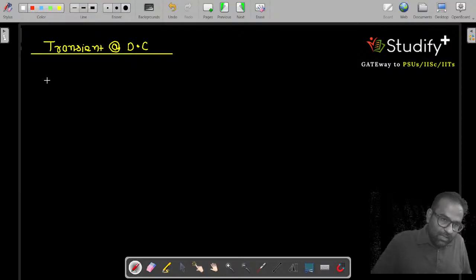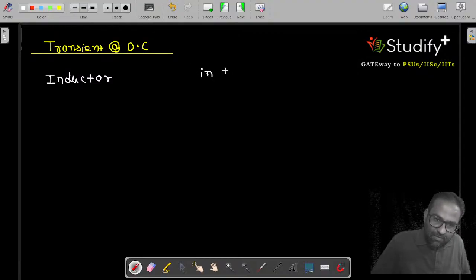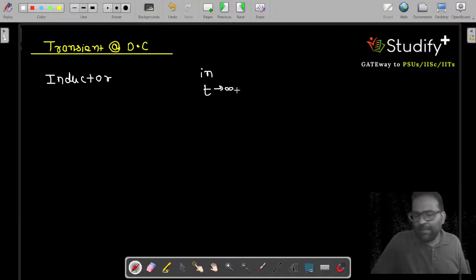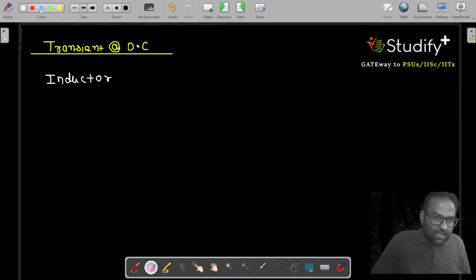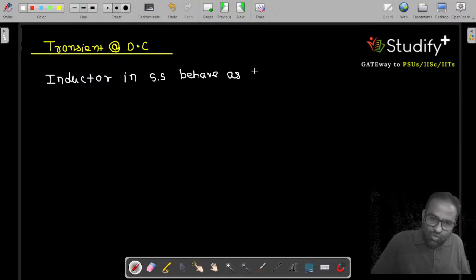So we have talked about inductor, and inductor in steady state, t approaching infinity, behaves as a short circuit component.